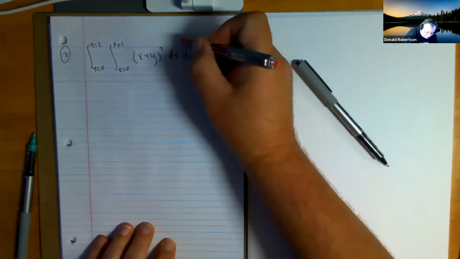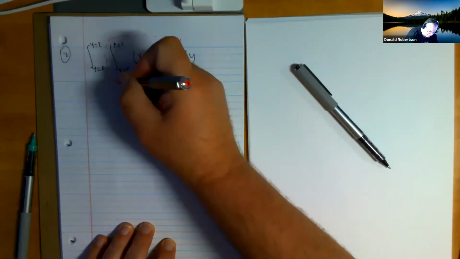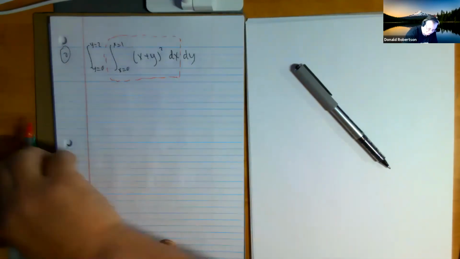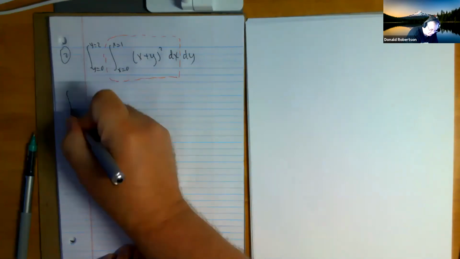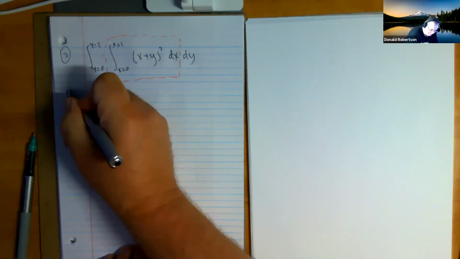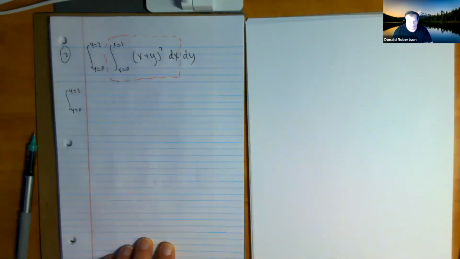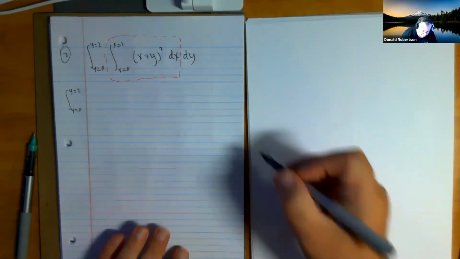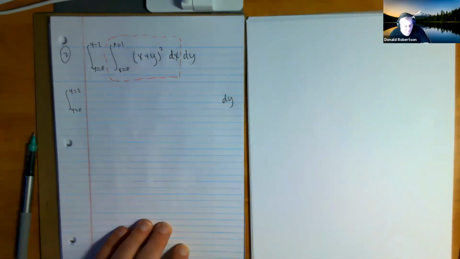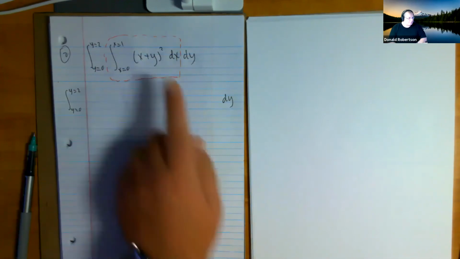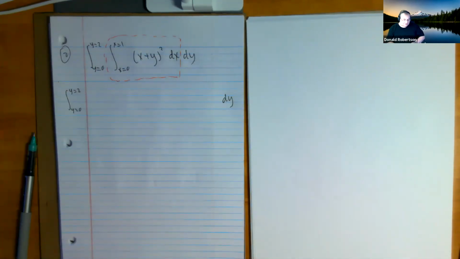So let's figure out what this piece is first. So it's going to be an integral from y equals 0 to y equals 2 dy. X plus y bracket squared. I want to integrate that with respect to x.